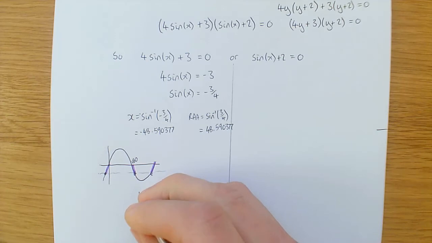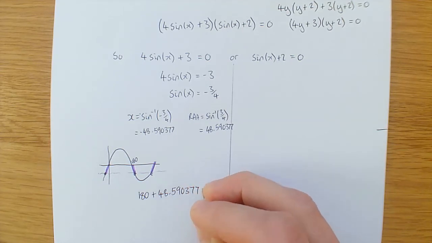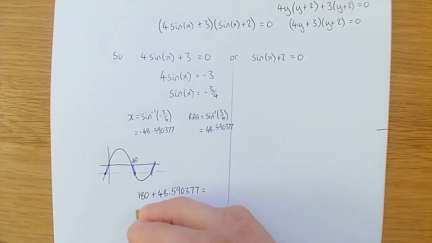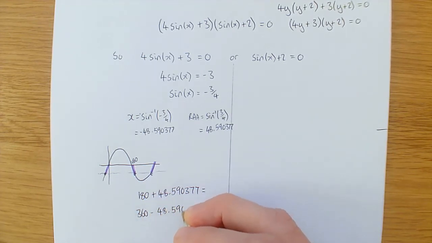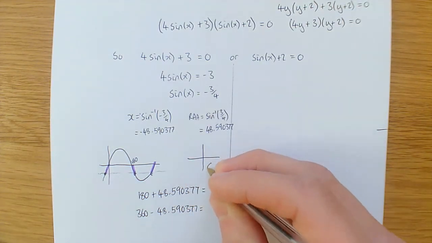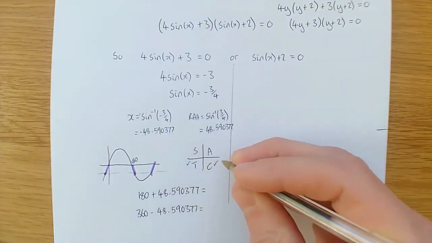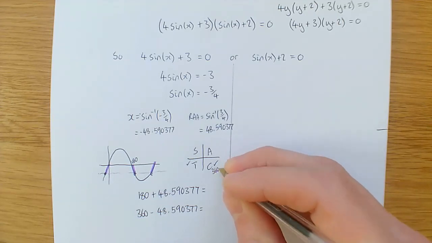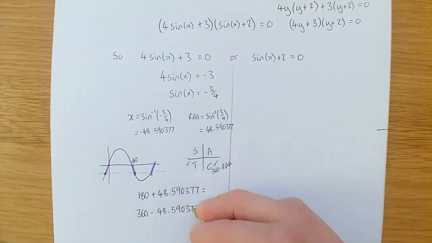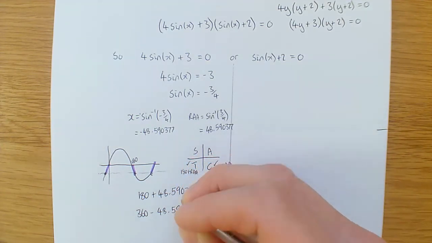So we either want 180 plus our 48.590377, or we want 360 minus our 48.590377. Our CAST would give us the same result because sine is negative. It's negative here and here. This one is 360 minus the relative acute angle, and this is 180 plus our relative acute angle.